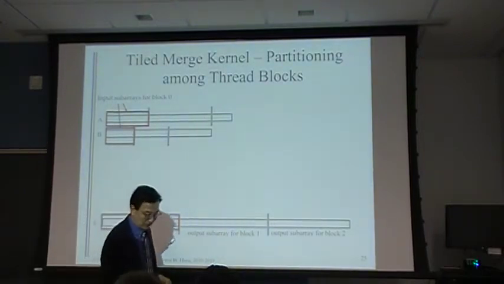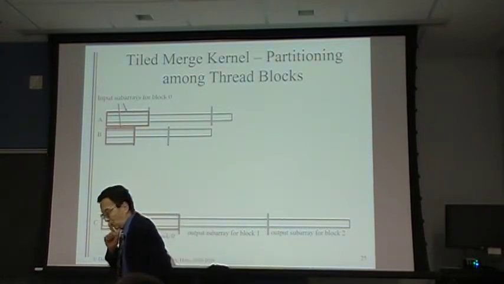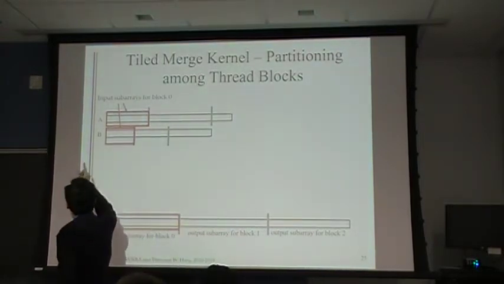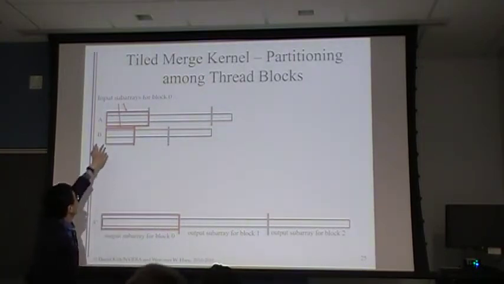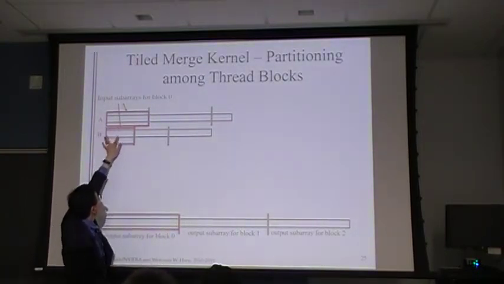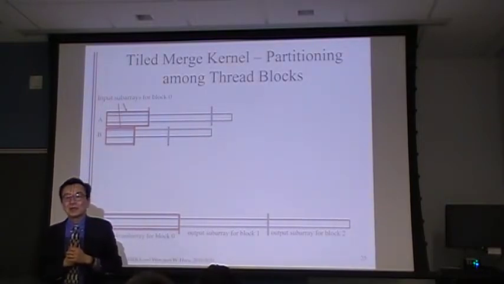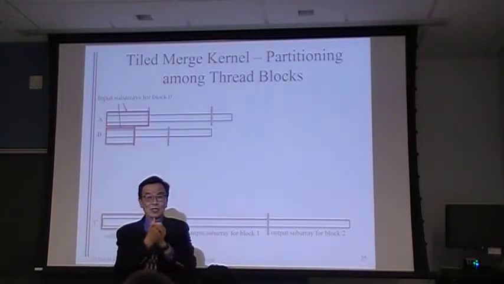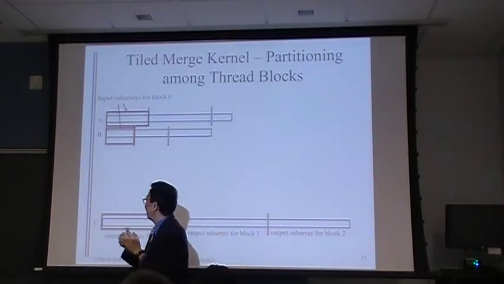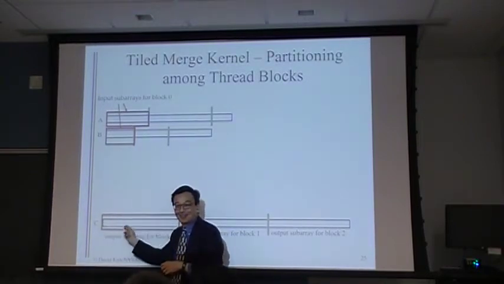So we can actually load the first part of A and first part of B into the shared memory. Okay, so that gives us the first part to be merged, so we're going to be generating the first part of C here, right?